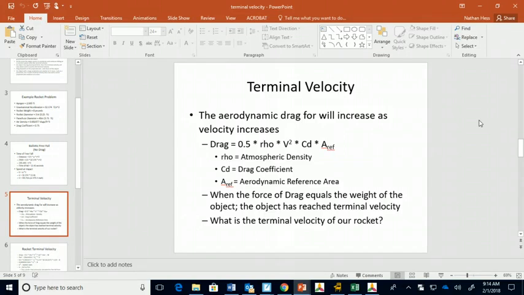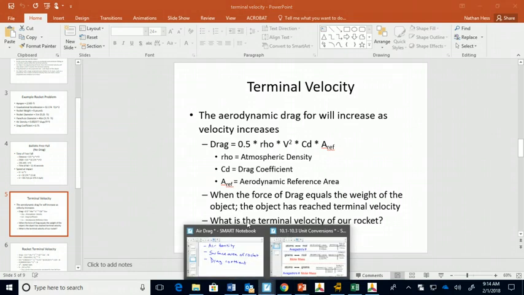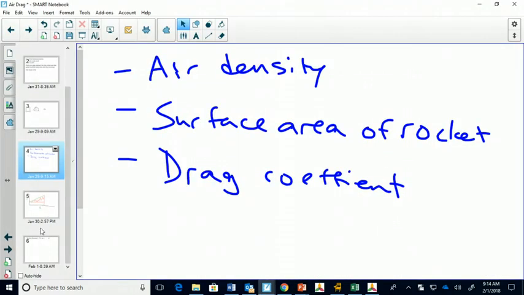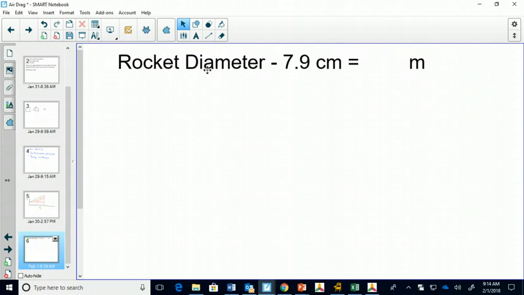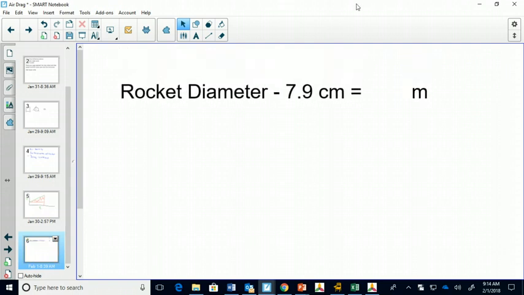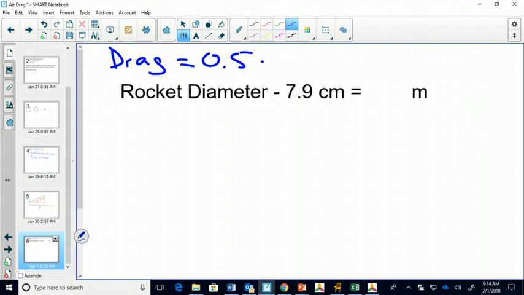All right, so let's do some calculating. Let's move this down here. So how do we find that again? Drag is equal to 0.5 times what? Rho, so I'm just going to make that little P symbol.